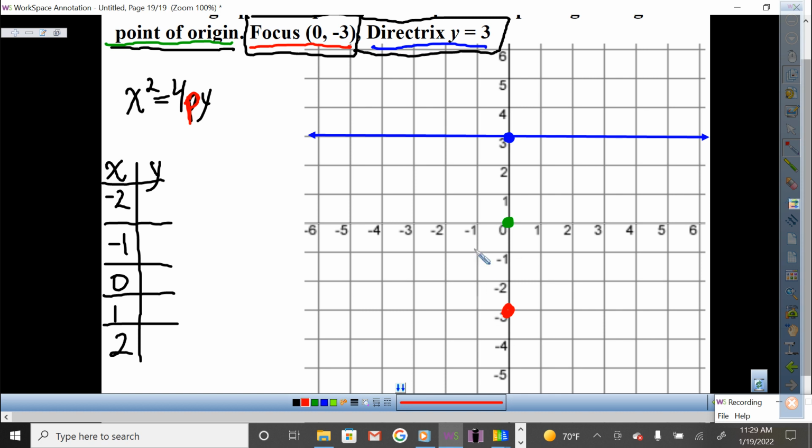However, specifically for the focus, we're going to use that value from the focus, which is what? Negative 3. So let's rewrite that equation. So this equation becomes x squared equals 4 times p times y, but instead of p, I'm going to write negative 3. So the equation that we're going to use to substitute values is x squared equals negative 12y.